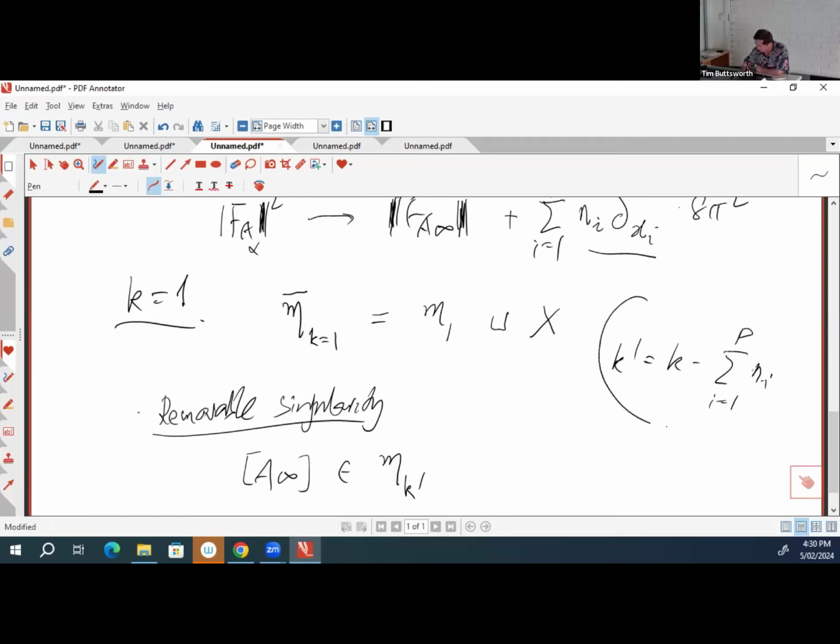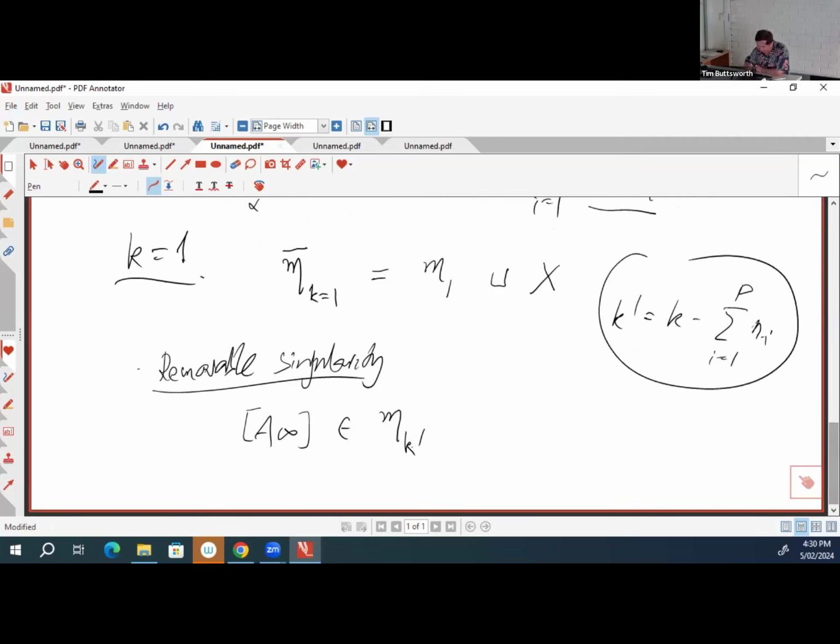You can see that if k is 1, I'm labeling this bundle by just c2. And then it just depends on where the points are.